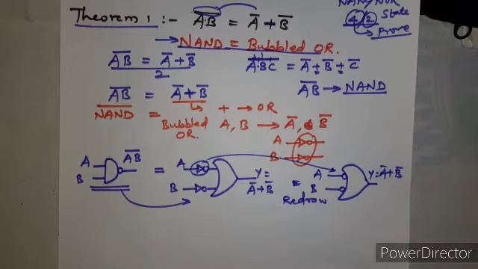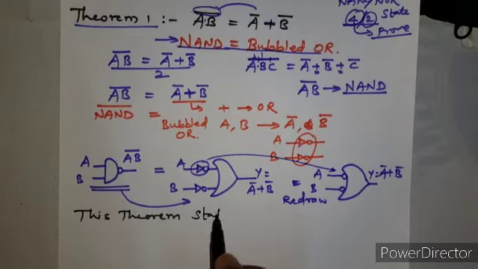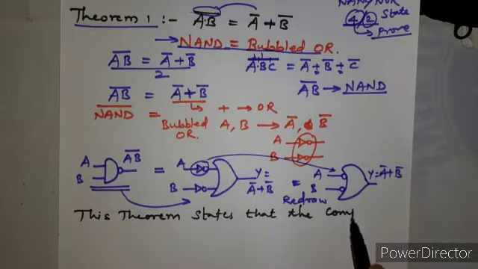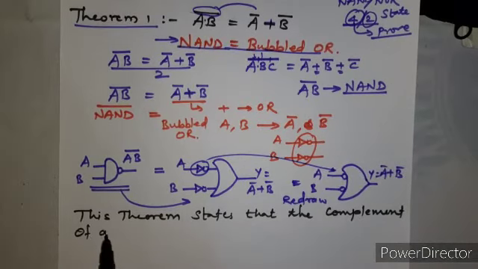So this theorem states that the complement of product, which is AB whole bar. Now this is a product, AB is a product and its complement, right? So that is what is written.